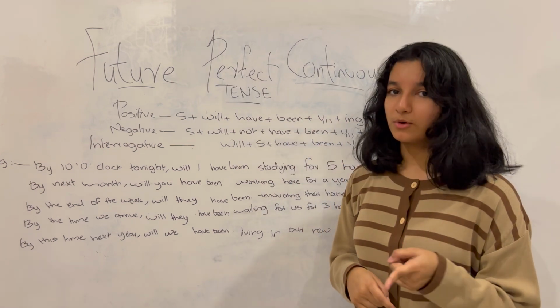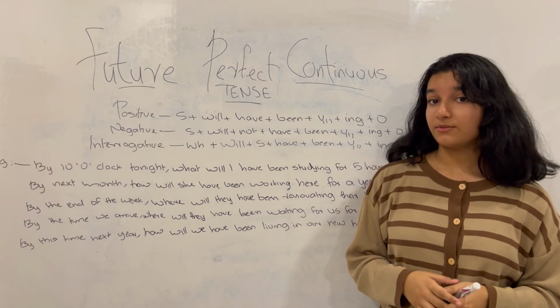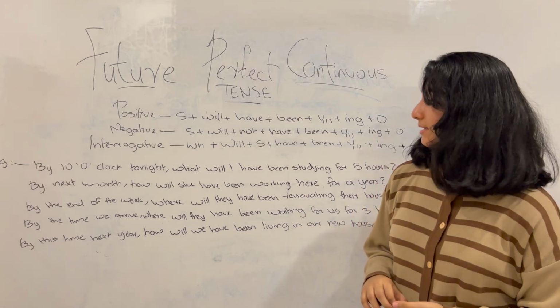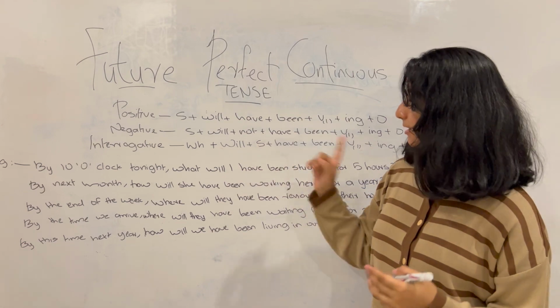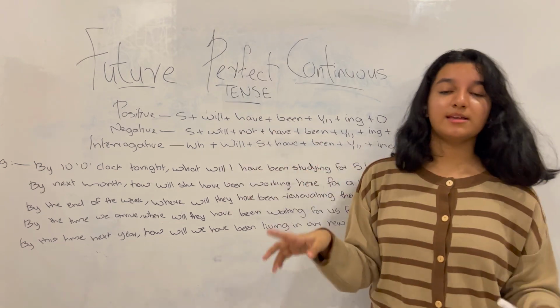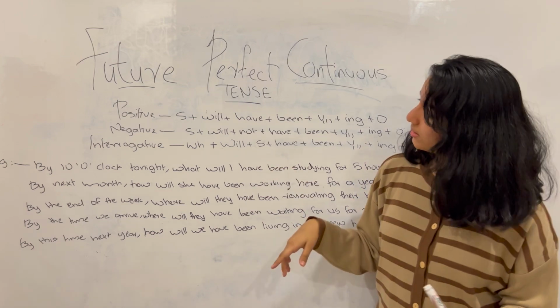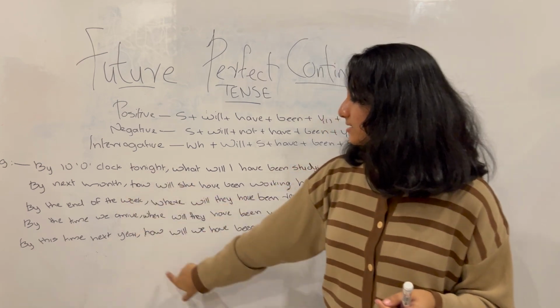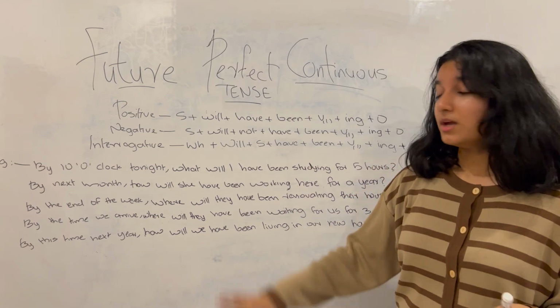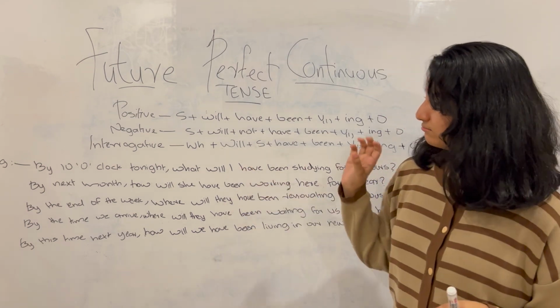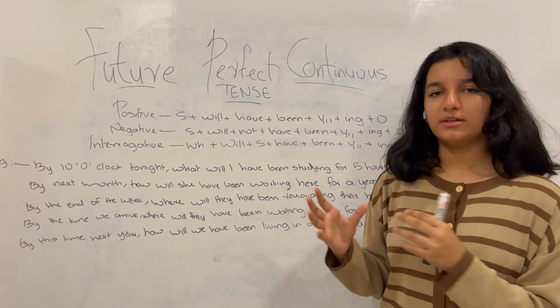So next up, we can see another form of interrogative sentences, and that is the same interrogative format but with the WH questions, such as what, when, why, where, but also how. And you can see here with the sentences how we have changed it to fit certain sentences and for it to make sense.